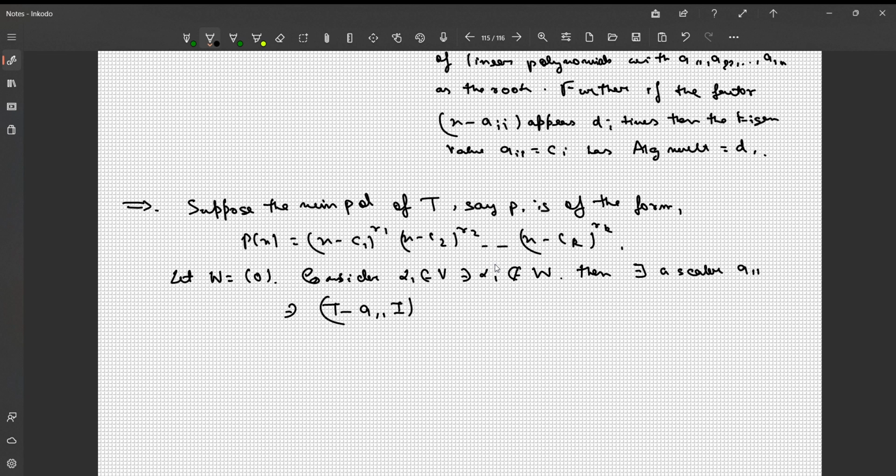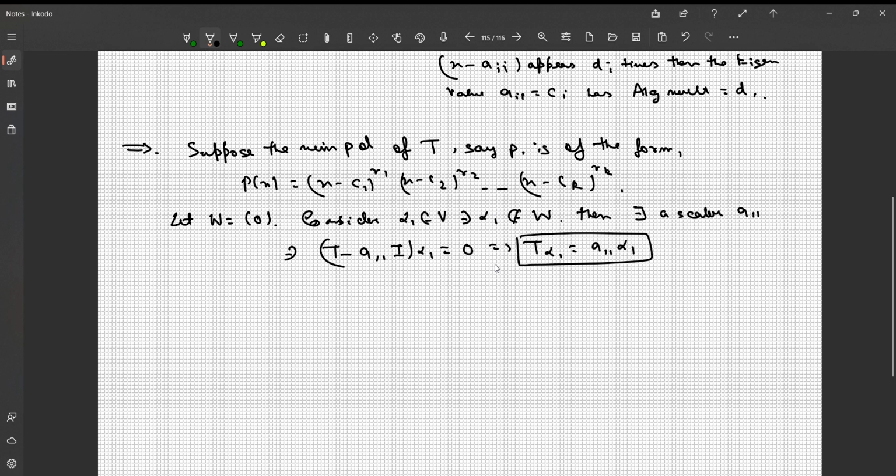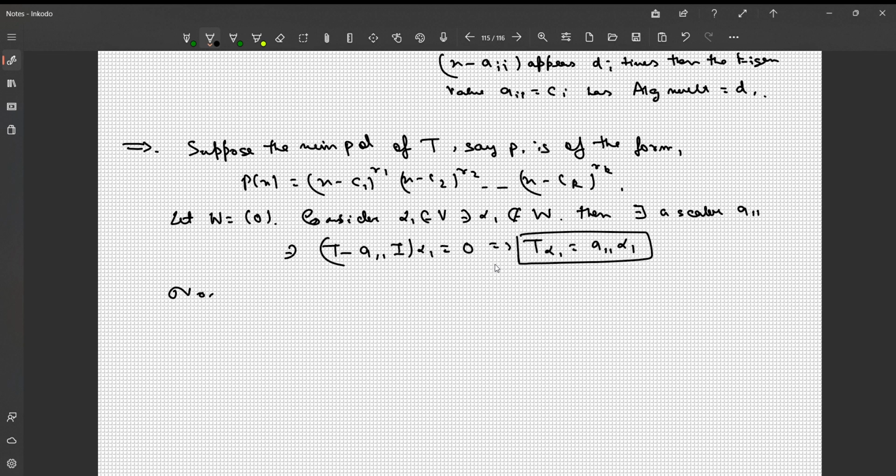Obviously a11 is one of these eigenvalues, which is obvious from the previous lemma, such that (T minus a11 I) of alpha 1 is equal to 0. But that implies T of alpha 1 is equal to a11 times alpha 1. Okay, so this is the first thing.